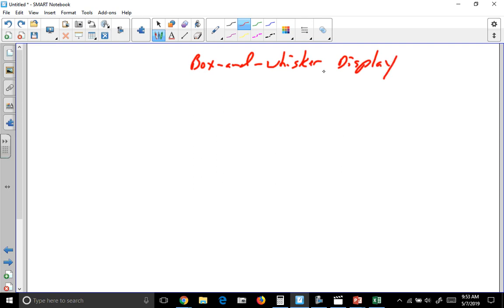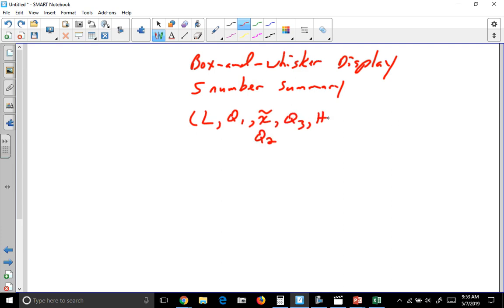The box and whisker display uses what is referred to as the 5-number summary. The 5-number summary is the lowest value, the first quartile, the median, also known as the second quartile, the third quartile, and then the highest value.